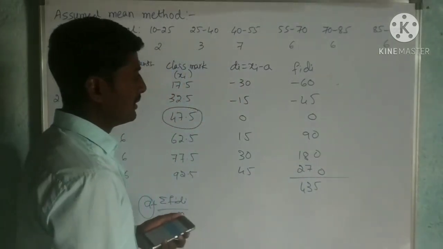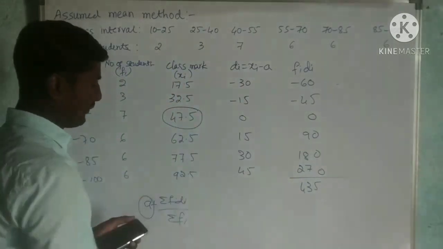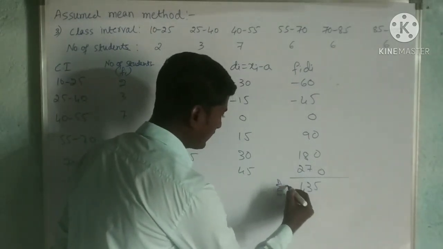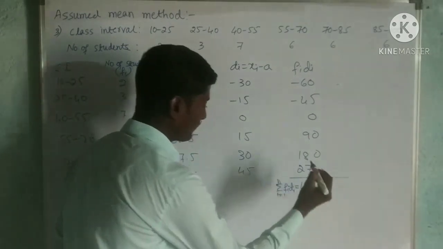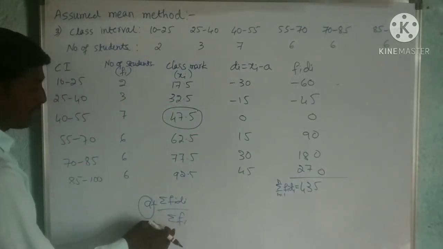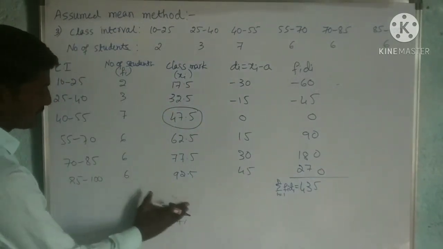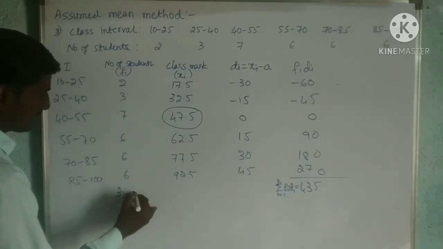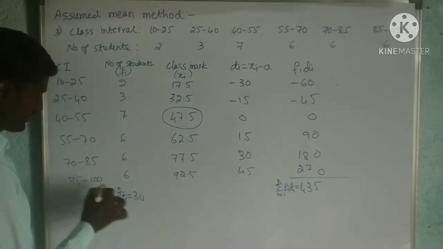This is the sum of fi di, summation i equals 1 to n fi into di. Now one more I want: the sum of fi. Summation i equals 1 to n fi is again 30. This is the table.